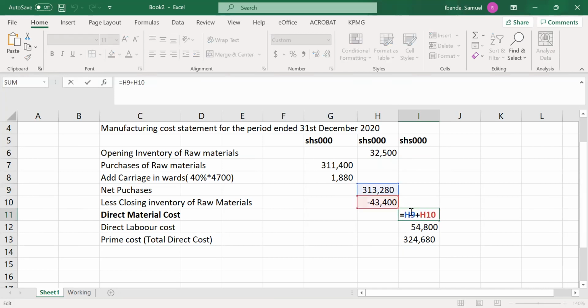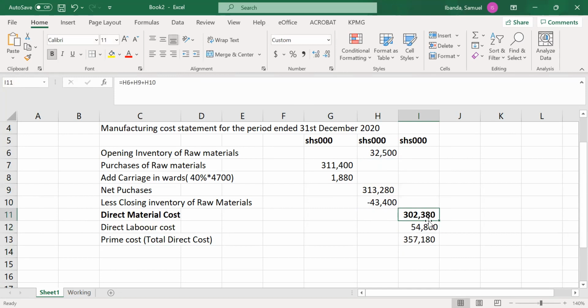Sorry, I think I left it. It should be the opening inventory plus purchases less closing inventory to get you 302,380, plus the 54,800 to give you 357,180. So this is your so-called direct cost, or your prime cost, in the cost statement.